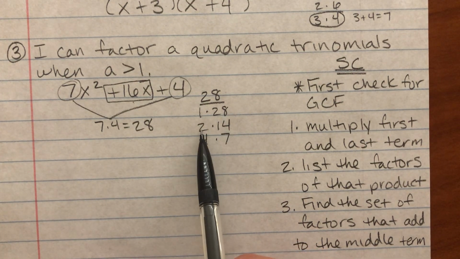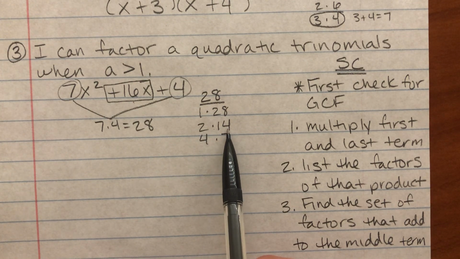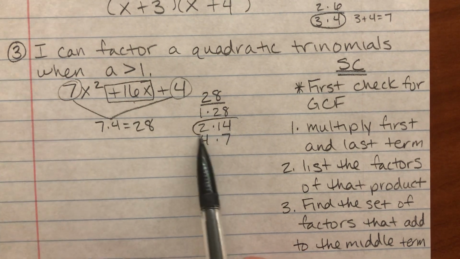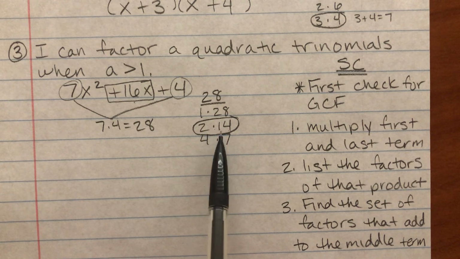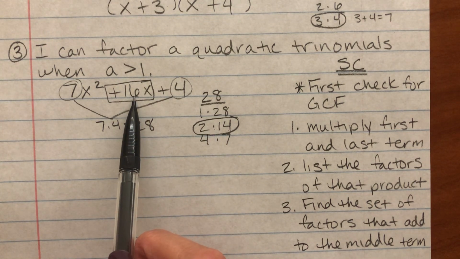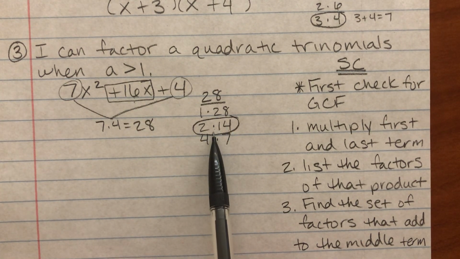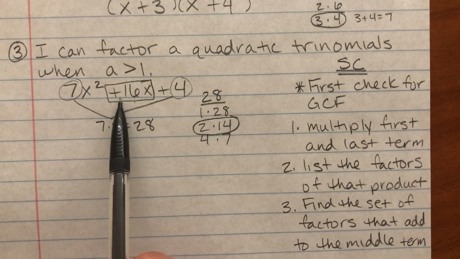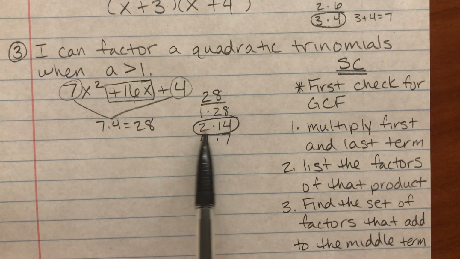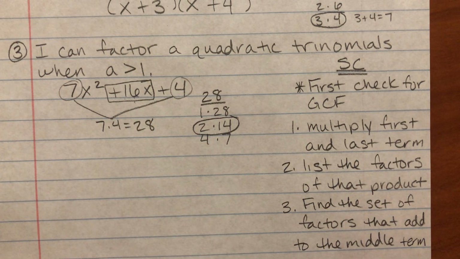That doesn't work. 2 plus 14 is 16, so that works. I was trying to find the set that adds to this middle term 16. So now you're going to take this circled pair and you're going to replace the 16x with these factors.